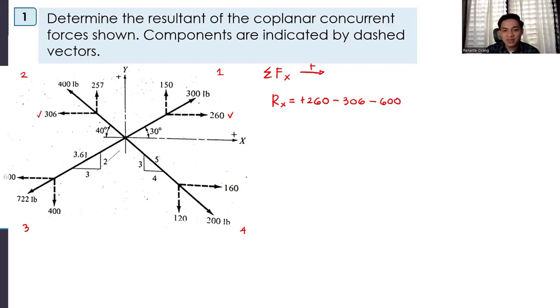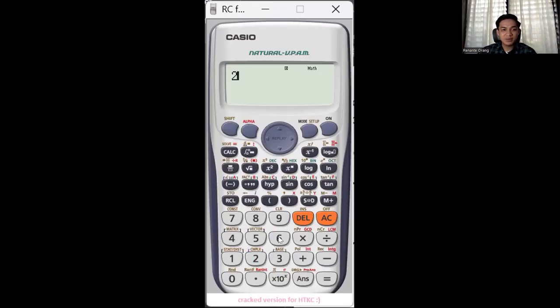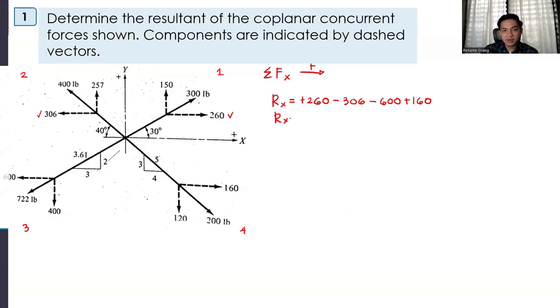Last one, we have 160, which is going to the right, so positive 160 po tayo. Input natin class, 260 minus 306 minus 600 plus 160. That is equivalent to negative 486. Rx is equivalent to negative 486 pounds.